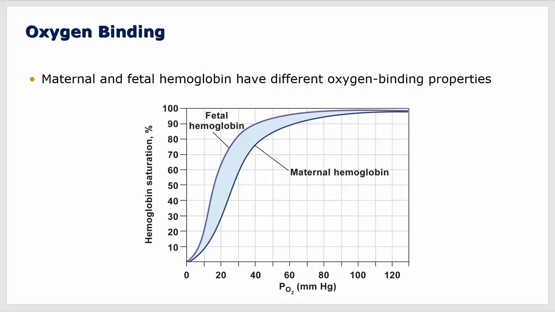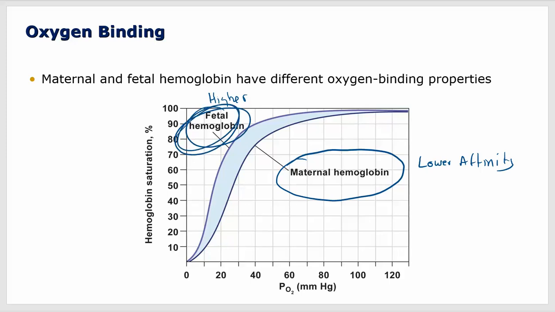Let's see, maternal and fetal hemoglobin. If we compare maternal hemoglobin, we can say it has lower affinity, so it binds oxygen less tightly. And fetal hemoglobin has higher affinity, so it wants the oxygen more.